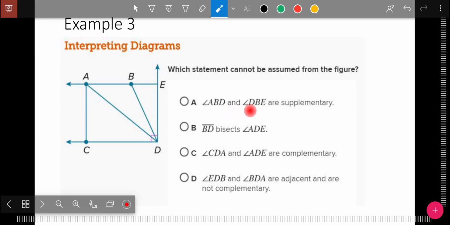All right. And so if they equal 180, then we're good. Well, where is angle ABD? ABD is right there. And then next to it is DBE. And so those two things combine here to make a straight line. We said a straight line is 180 degrees. And so, yes, this can be assumed.